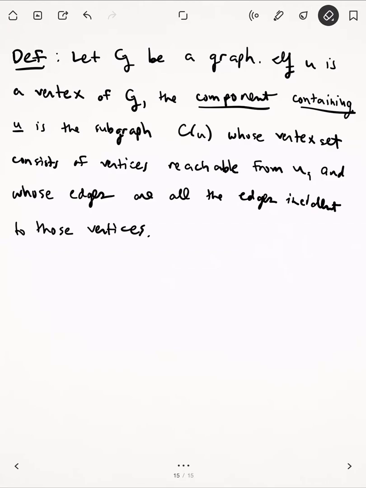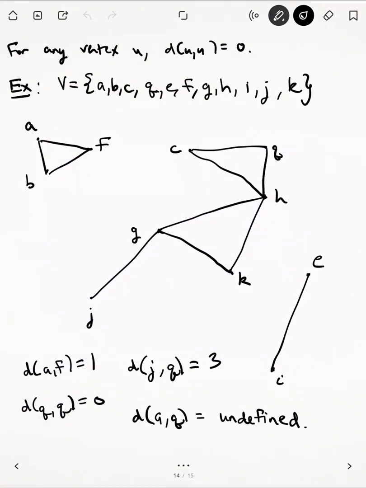This is super messy here. So edges incident to those vertices. If you look back at the graph on the previous page, what are all the vertices reachable from B?